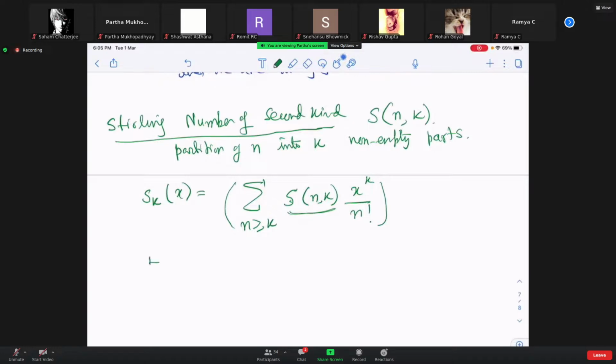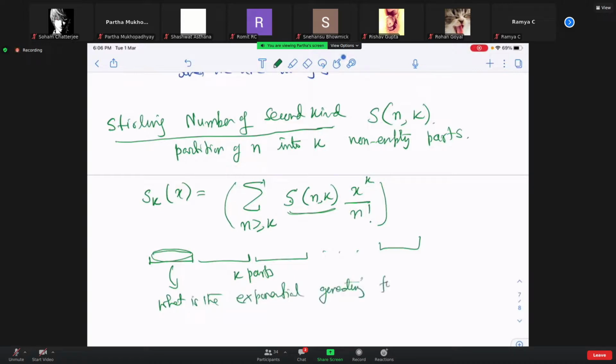So think about one part. There are k parts, right? Think about one part. What is the exponential generating function for this part? It is just some number, the number of ways to partition.